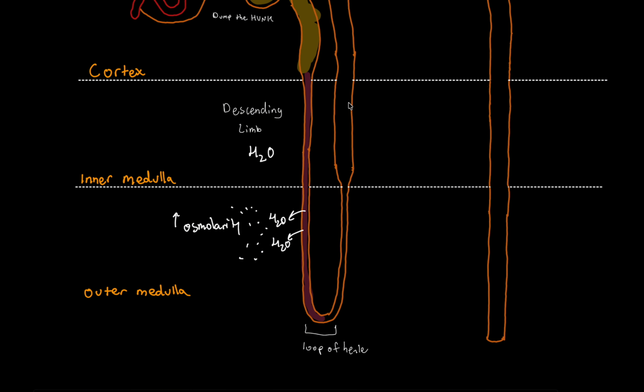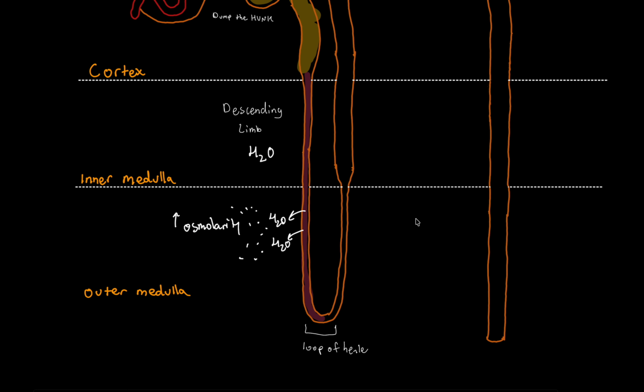So this is what our descending limb functions as, to reabsorb that essential water that we need in order to function. To summarize, the descending limb takes advantage of the increase in osmolarity seen in the medulla, and it allows for the higher reabsorption of water. So we basically get to keep more water for ourselves.